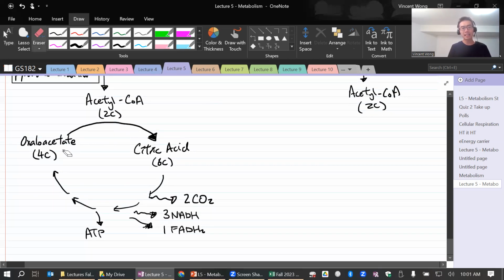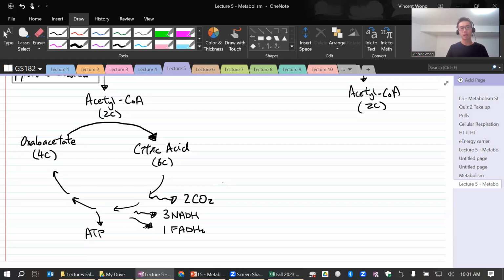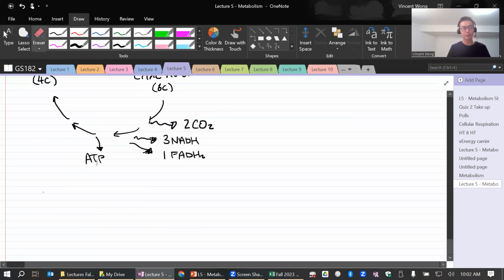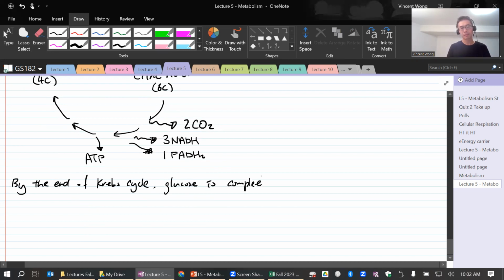All right. So by the end of Krebs cycle, glucose is completely oxidized into carbon dioxide. Okay, let me write that down for you. By the end of Krebs cycle, glucose, which has 6 carbon, is completely broken down, oxidized, whatever you want to call it, broken down into CO2.